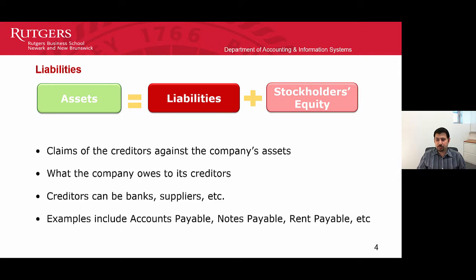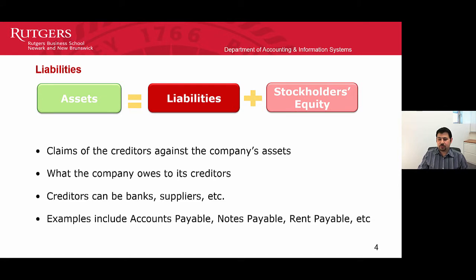So for example, a bank, or in certain cases it can also be a vendor or supplier, where the company purchased certain equipment or supplies or raw material, and they did not pay in cash. So in that case, they have credit. In this case, the supplier becomes the creditor of that business. They have to pay for that later on.